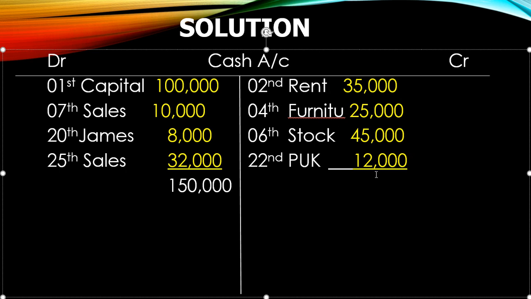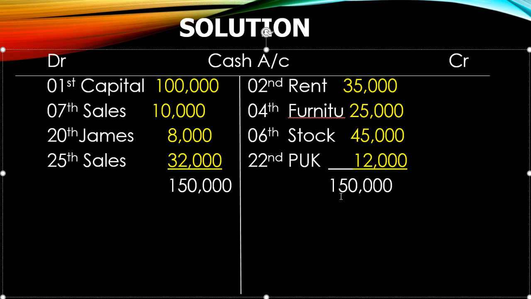Now, if this does not add to 150,000, then bring this total here, 150,000. Then you see, if you add these 35 plus 25, what do you get? You get about 60. 60 plus 45, 105 plus 12, 127.